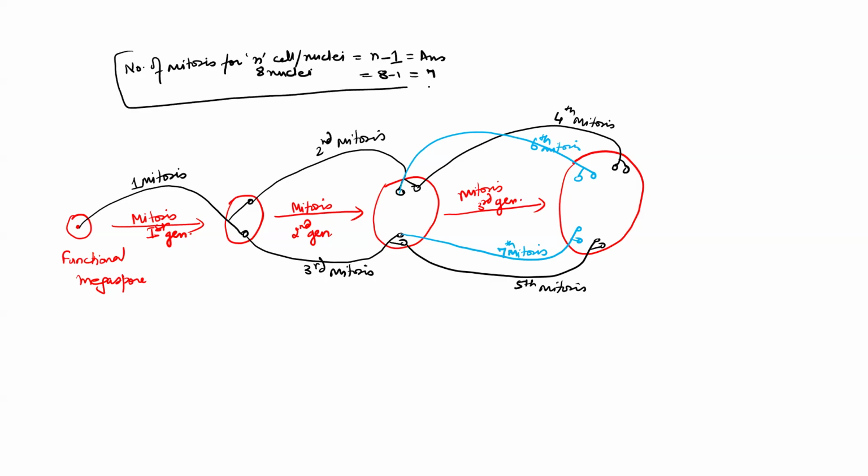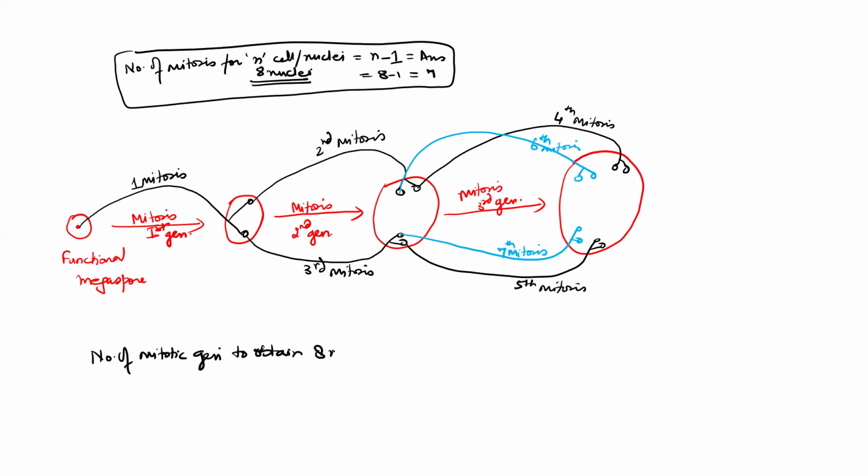Got it? Right now in this diagram, it is not cells, it is nuclei. I'm focusing on nuclei. And if I ask you the number of mitotic generations to obtain 8 nuclei, what is the formula? 2 raised to the power n is equal to the total, and you have to tell the value of n.